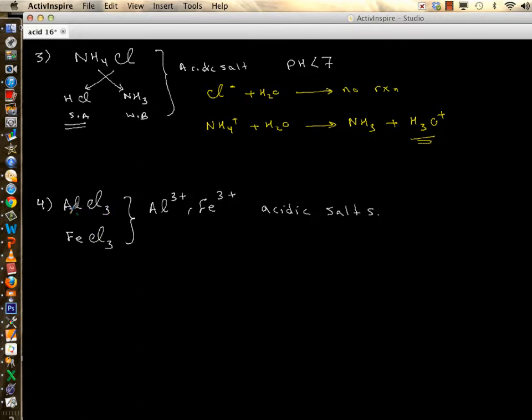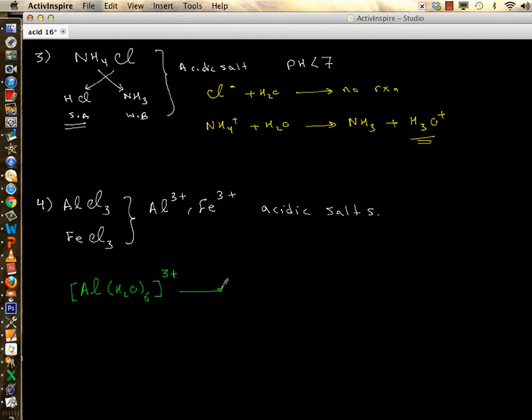What aluminum chloride does is, once it is dumped in water, it's going to form a complex ion. 6 H2O molecules are going to surround it. You will have dative bonds and all those things that you're used to, 3+.